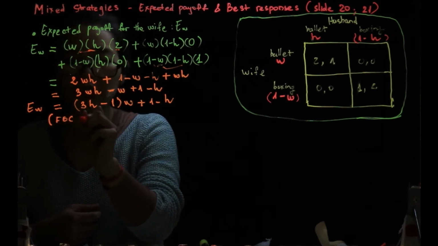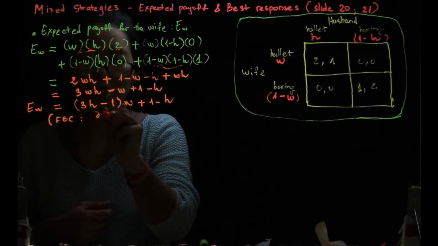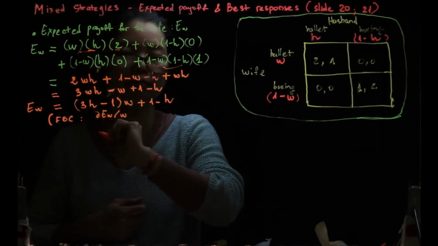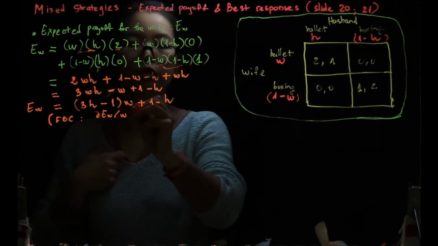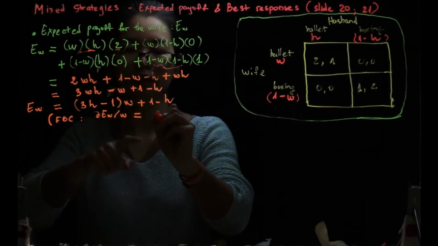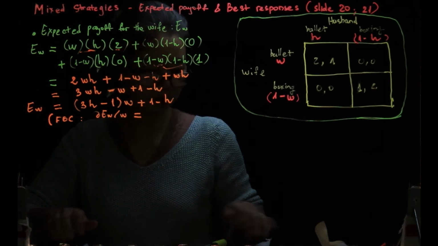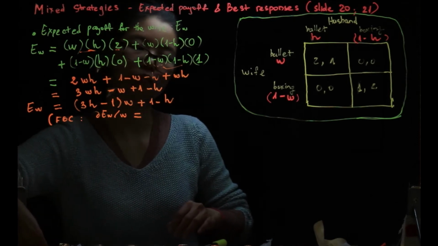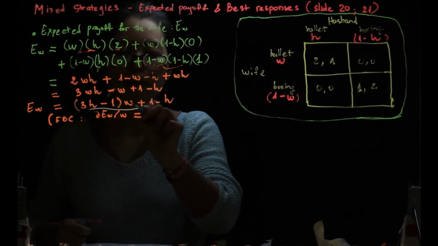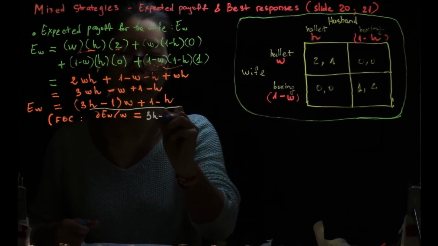The first order condition of this maximization problem is the derivative of the expected payoff of the wife with respect to her probability, because that's what she could have influence on, equals, where's W? W is right here. I should have written it in a different color. That is here 3H minus 1, right?